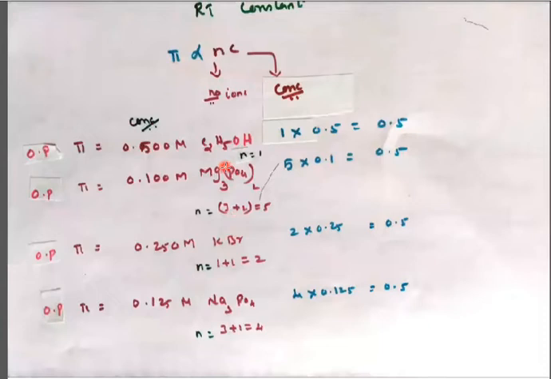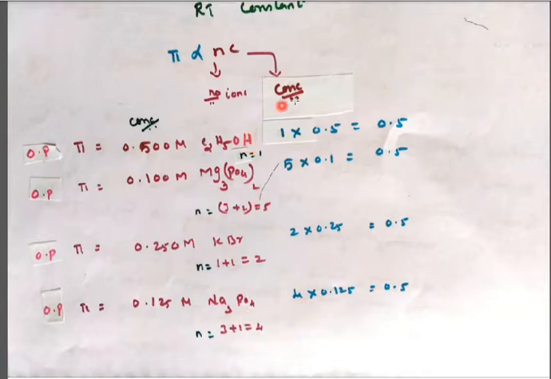Now concentration and number of ions. Ethyl alcohol is a non-electrolyte, so n = 1. Magnesium phosphate has 3 magnesium and 2 phosphate, 3 plus 2, so the number of ions is 5. Potassium bromide is 1 plus 1, 2 ions. Sodium phosphate is 3 sodium and 1 phosphate, 3 plus 1, 4 ions.